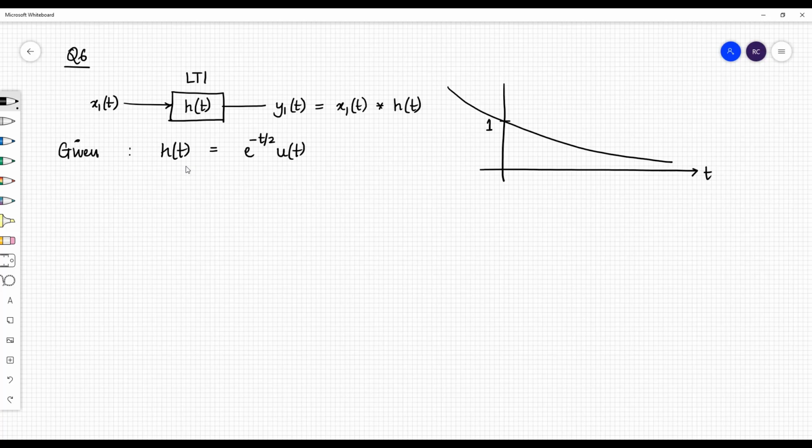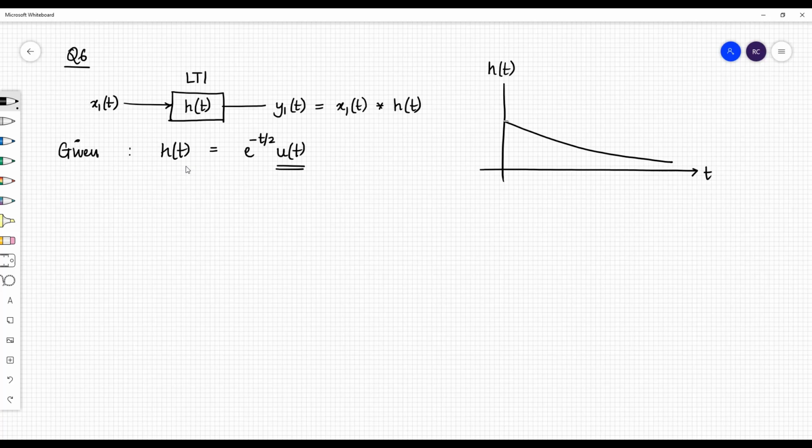But because you have u(t) multiplied with it, and u(t) is a unit step function, whose value is 1 only for t greater than 0, the moment you multiply that with any function, you're basically getting rid of all the values on the negative side of t. All right, so this is your h(t).